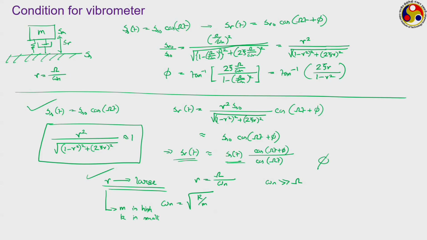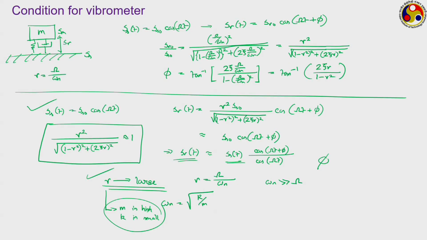The result of this combination is a quite bulky system, because we are talking about a larger mass and also a small value of k, a spring with low stiffness. So, the system generally is larger in mass.